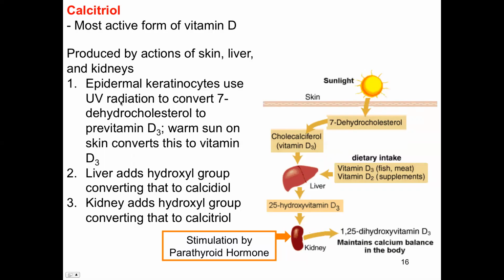So the keratinocytes are going to use that UV radiation, and they're going to convert 7-dehydrocholesterol, which is a form of cholesterol with a hydroxy missing, to pre-vitamin D3. Okay, and that's what it's called here, cholecalciferol, okay? And that is going to travel by the blood to the liver, okay?